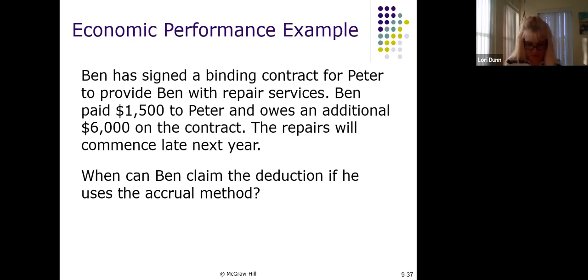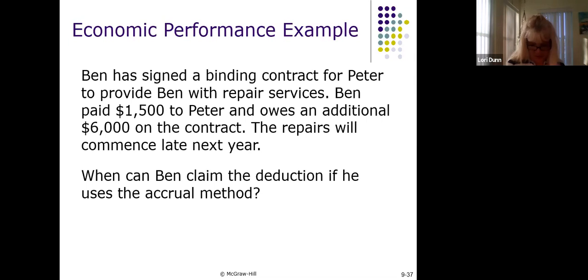Near the end of 2020, Rick had 4 clients request refunds. Rick incurred the liability for the refunds this year. However, he was so busy with the holiday season, he didn't actually get to pay them until 2021. So the general rule says that kind of a liability, you only deduct it when you pay it.